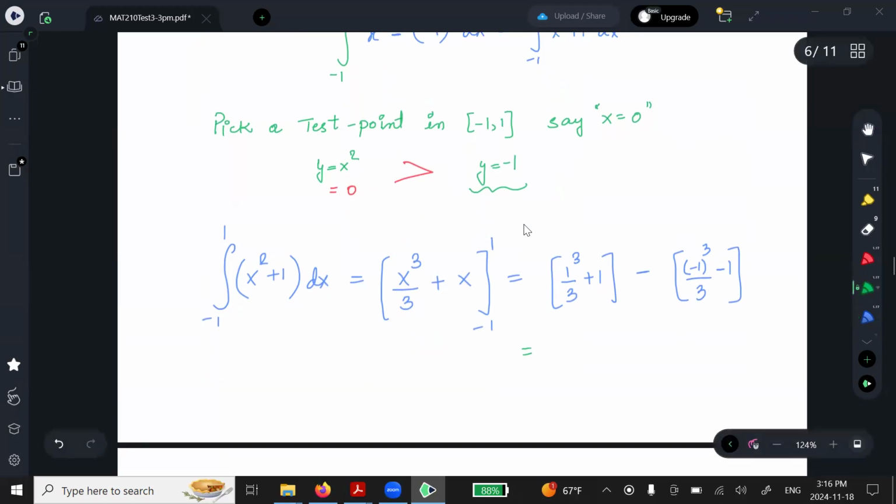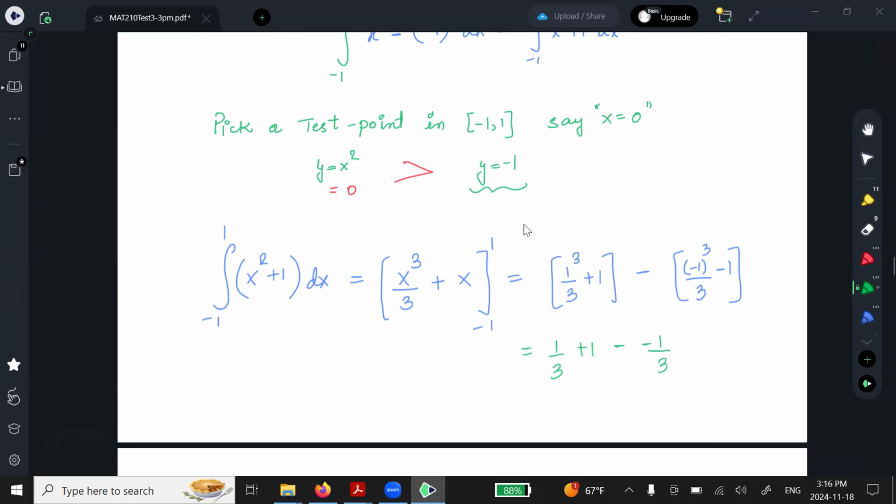So even if you're using your calculator, make sure you're plugging in the right signs, and you're using all the brackets that are needed. So this will be -1/3, and this will be negative, plus 1, right? So I got 2/3 plus 2. This is just math now. Adding numbers. Good?